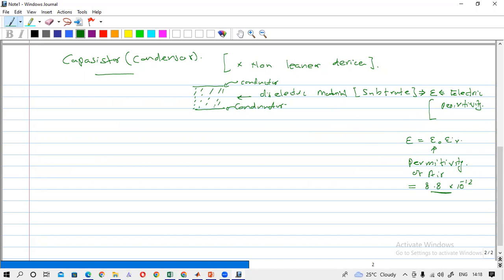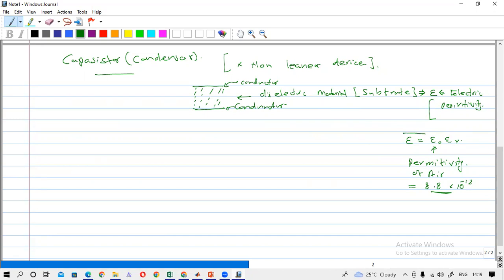And we have also defined this epsilon r, which is called the relative permittivity. We can define epsilon as epsilon naught times epsilon r.